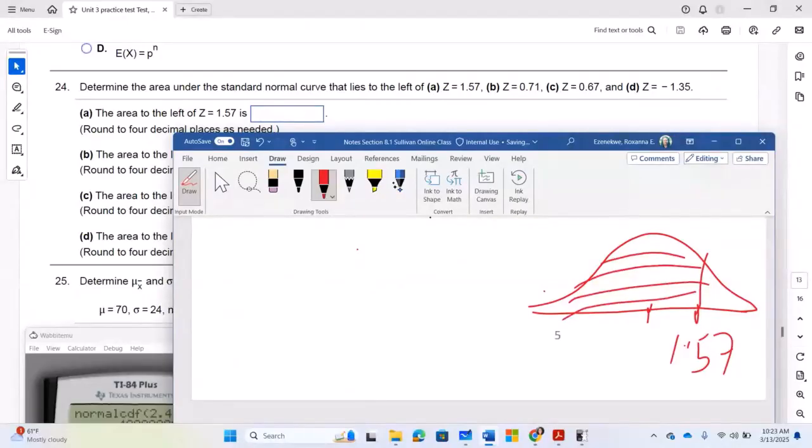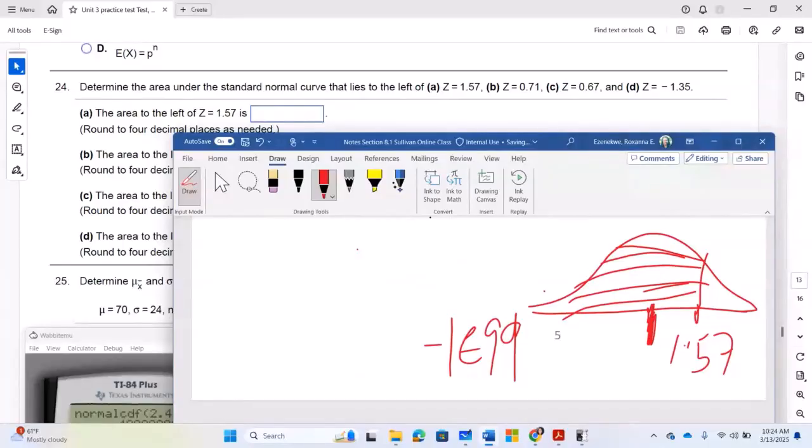Left means you can include -1e to the power 99. I hope you know that the normal curve extends to negative infinity. I'm looking for the area from here, and this area is going to be greater than 0.5 because the mean divides the normal curve into two equal parts.